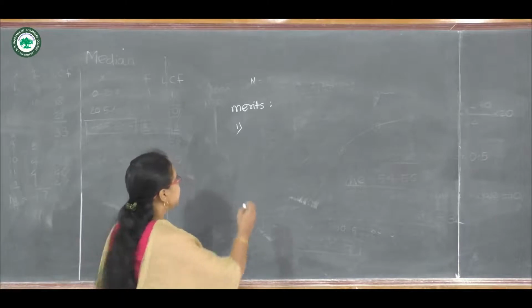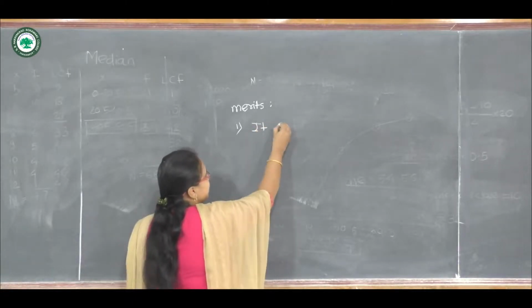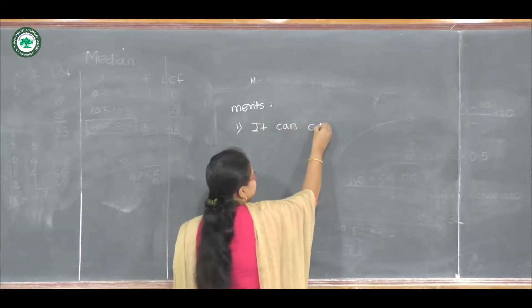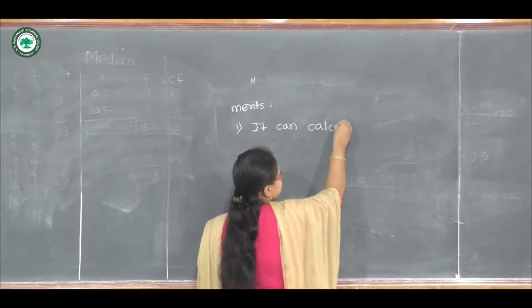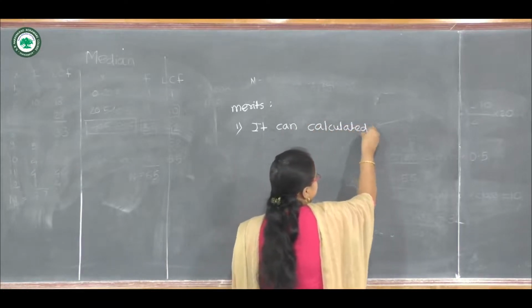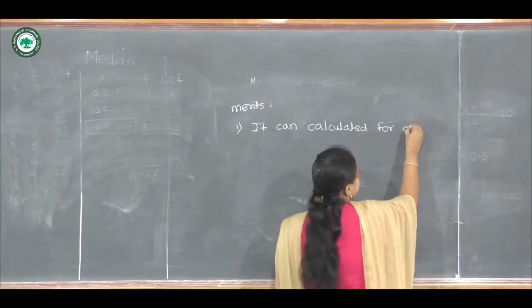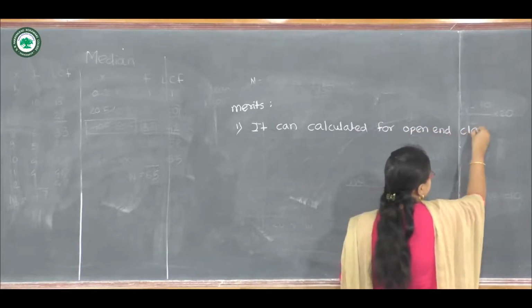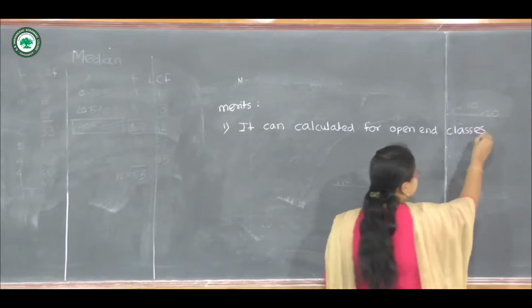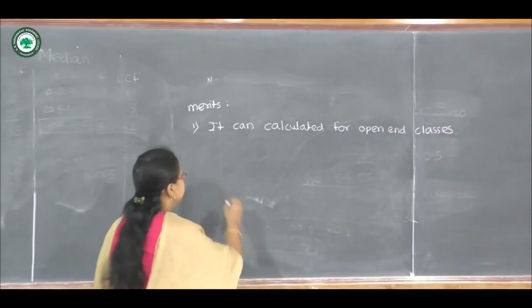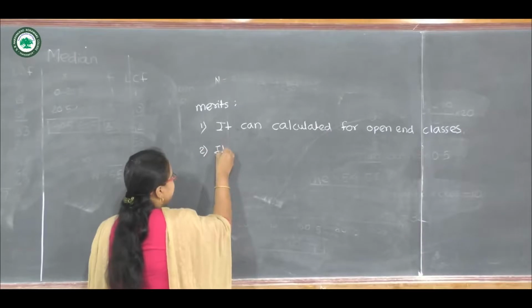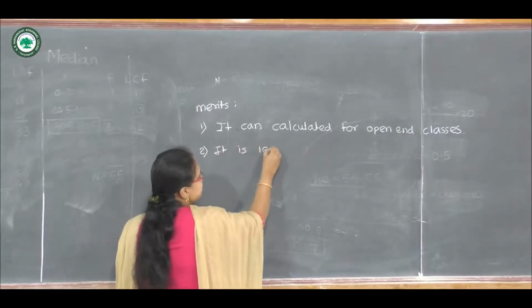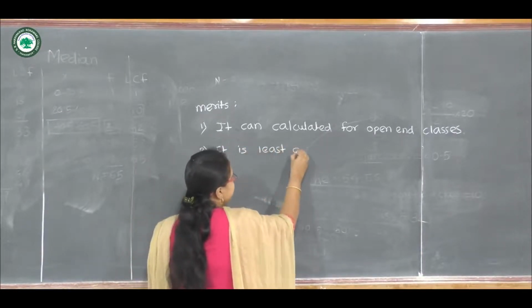Then its merits are: it can be calculated for open-end classes. The next merit is it is least affected by extreme values.